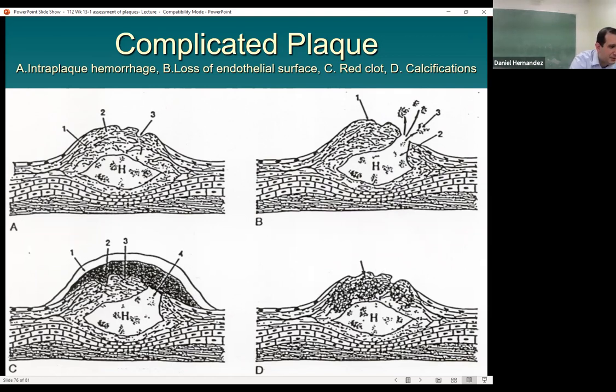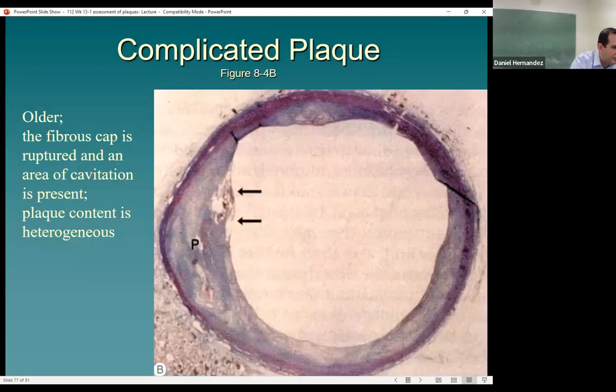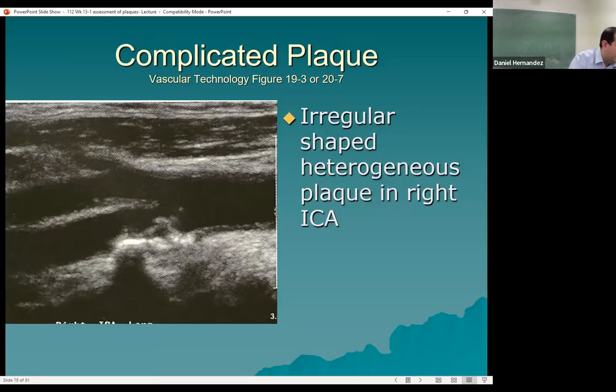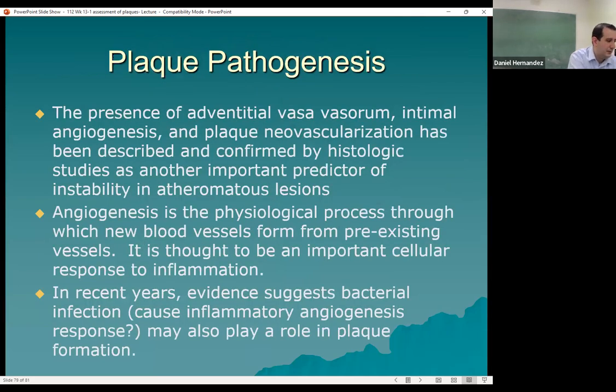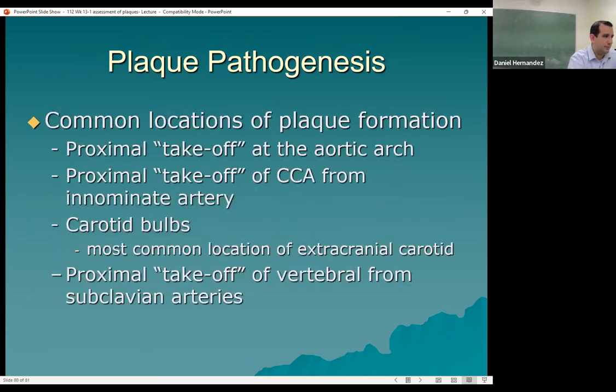Getting some calcifications. It's a good example here, an irregularly shaped heterogeneous plaque in that ICA. It's heterogeneous, with areas calcified, and an area that appears sonolucent or more anechoic. The borders are very irregular.